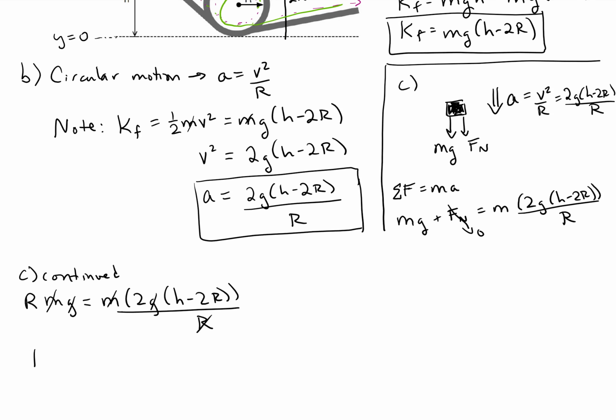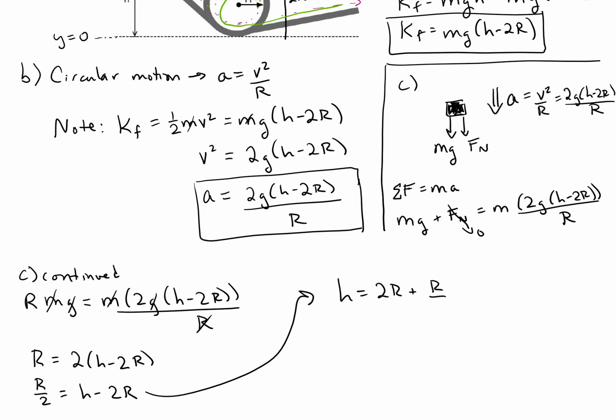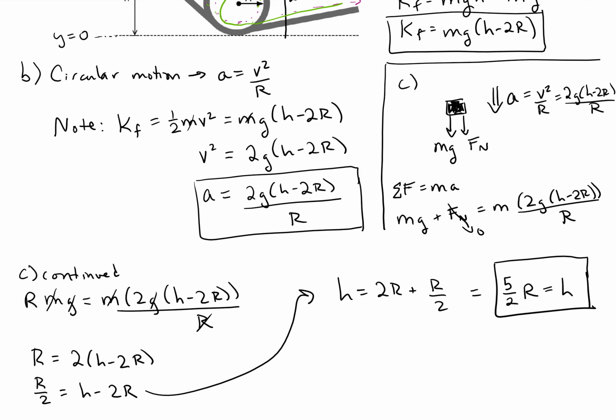Then we have r equals 2(h minus 2r), or r over 2 equals h minus 2r, or h equals 2r plus r over 2, which is the same as 5/2 r. So h has to be a bit more than 2r in order for the block to stay on the track.